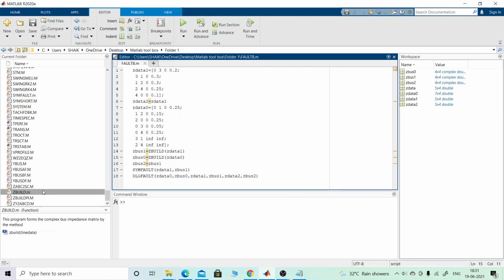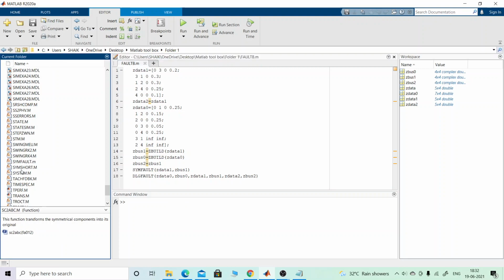So Zbus2 is equal to Zbus1. Okay, Sim fault. I am showing here the Sim fault. Yes, this is a Sim fault.